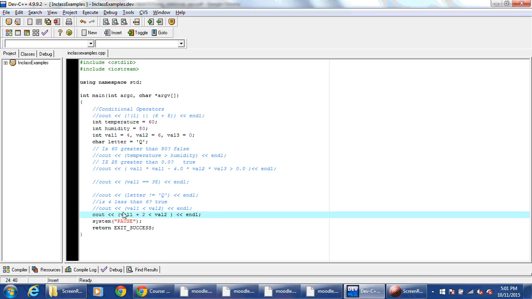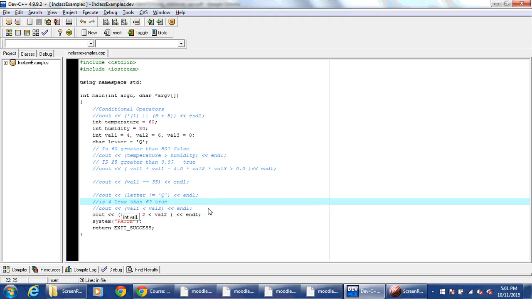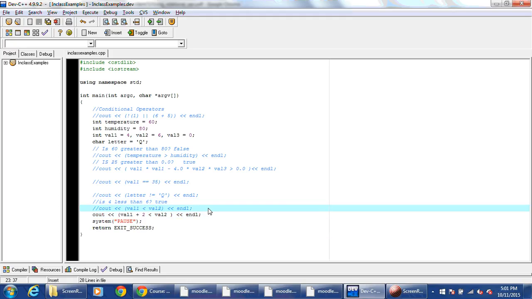You ask the question. First, you need to see the order of precedence, right? Addition goes first, left to right. Val1 is 4. 4 plus 2 will give you 6. And you say, is 6 less than 6?